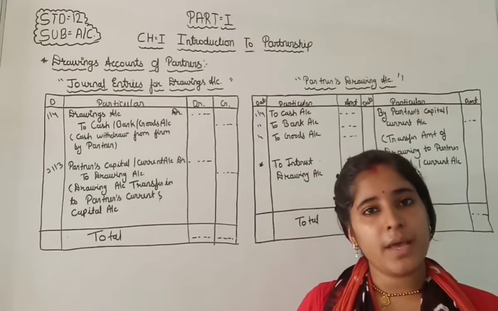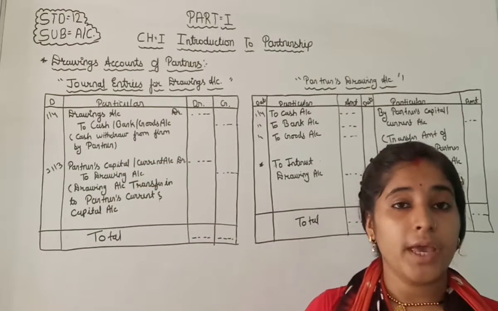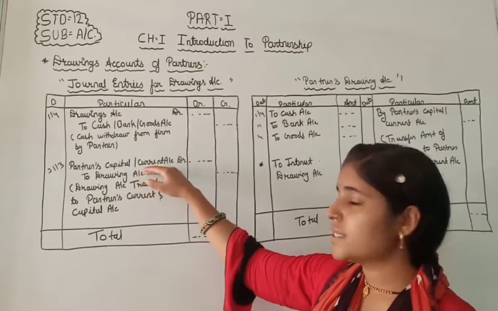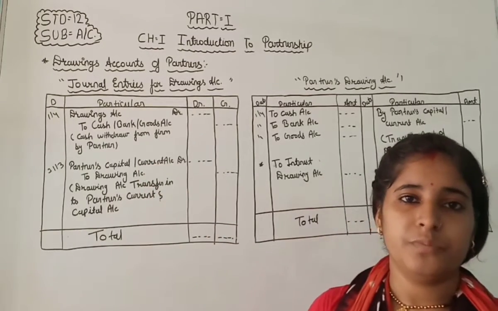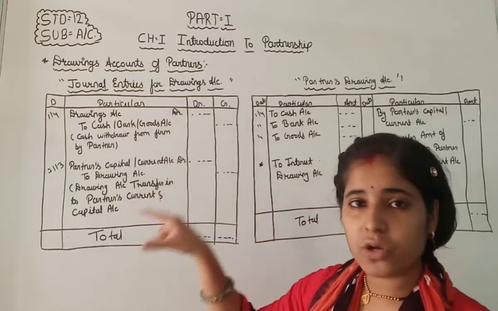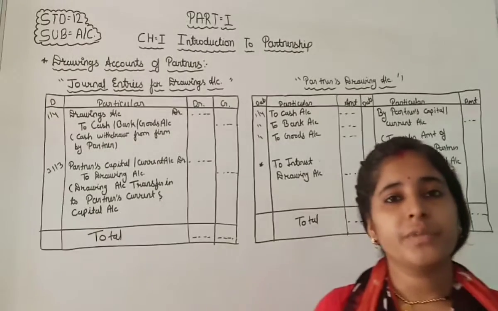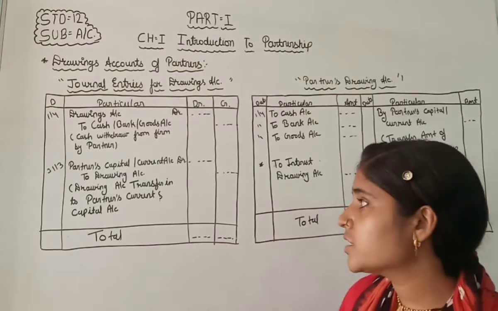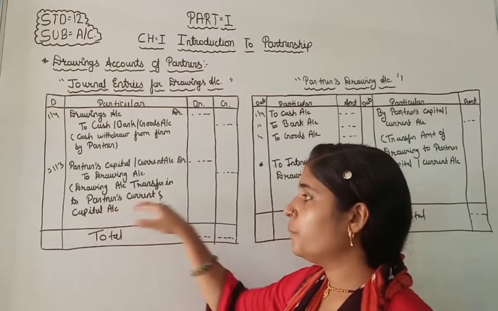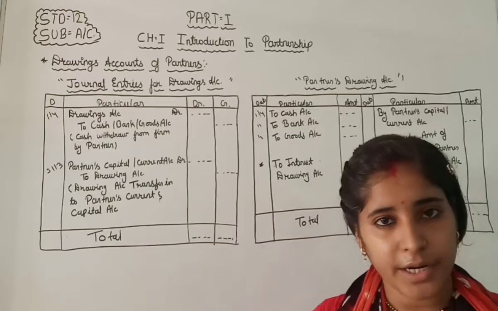If it is the fluctuating method, we write partners' capital account. If it is the fixed capital method, we write partners' current account. Drawing account is debit, so we close it by writing on the credit side drawing account credit. In the description we write: drawing account transferred to partners' capital account or current account.